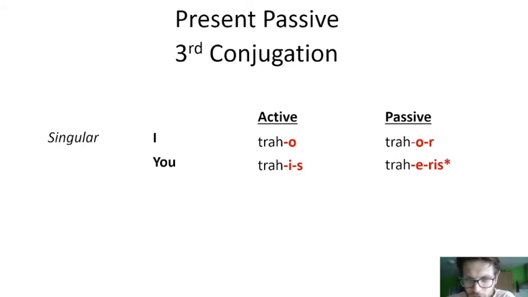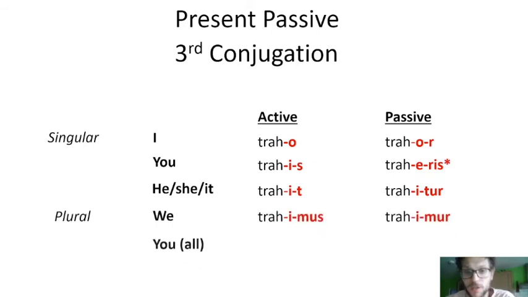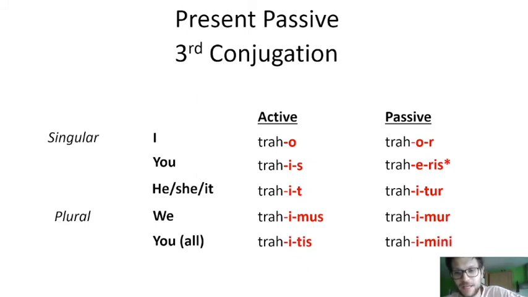But once you know it, it'll be fine. So trahis becomes traheris. He, she, it, trahit, trahitur. Plural, we, trahimus, and trahimur. You all, trahitis, and trahimini. They, trahunt, and trahuntur. Okay?